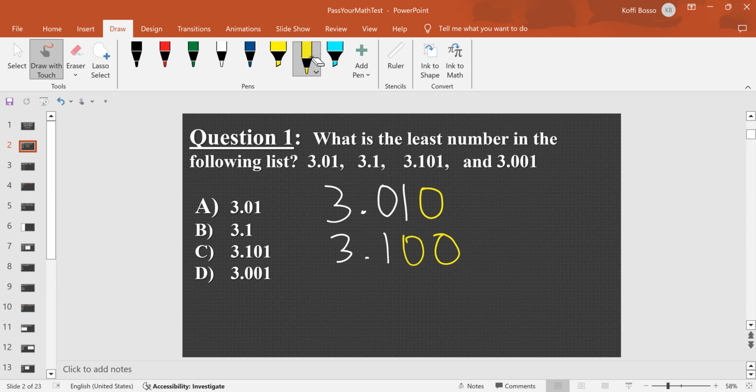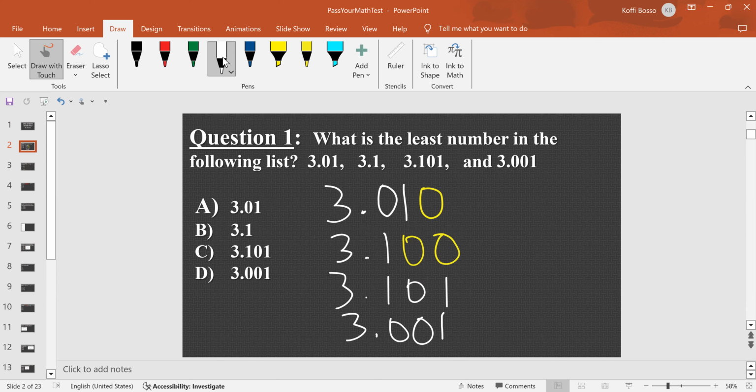The 3.101 will stay the same, and the last one also stays the same. When you have the same amount of digits, it will be simple to compare to see which one is the smaller.